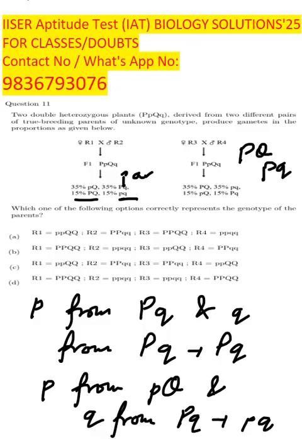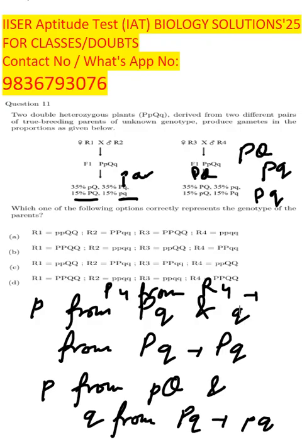So then R3 R4 will be looking, and R3 R4 it's R3 for Pq only and R4 for pQ. So P from R3 and Q from R4, so that is expected F1 gamete. So it's parental, recombinant.